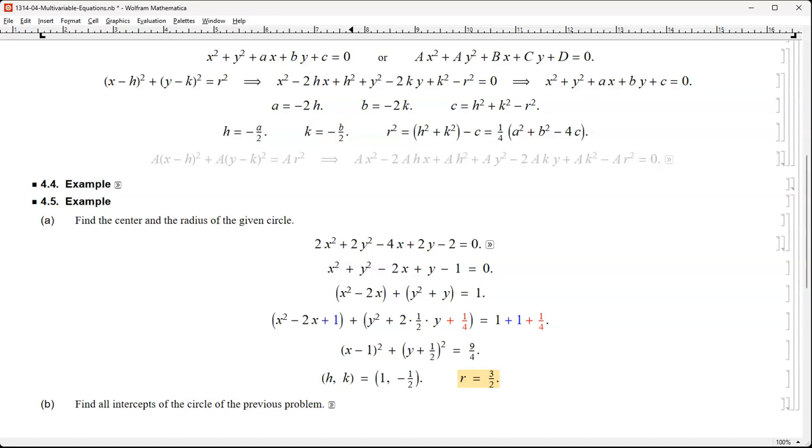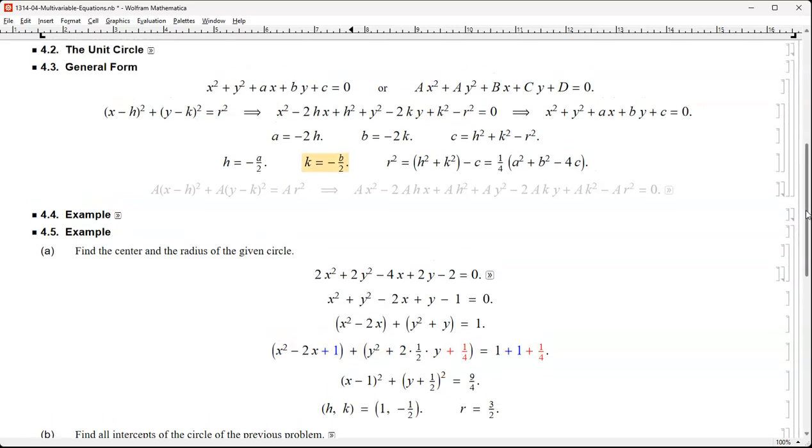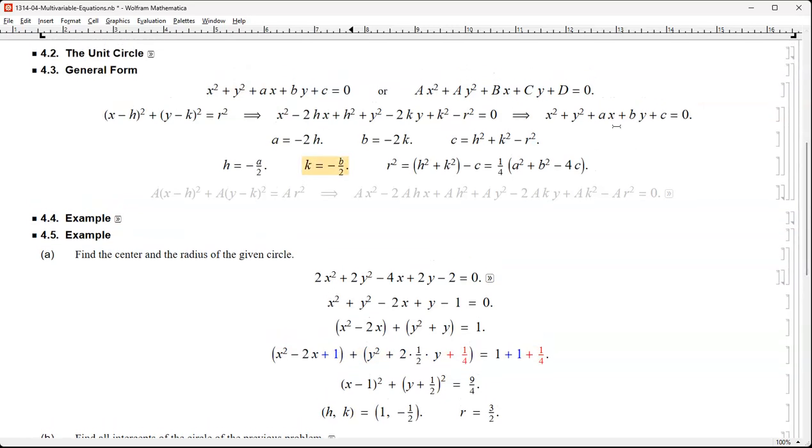So it's better to complete a square. But if you find completing this kind of square too difficult, then you can go back and use this formula method. Nobody will care about all this derivation of this formula. h is negative a over 2, that was easy.